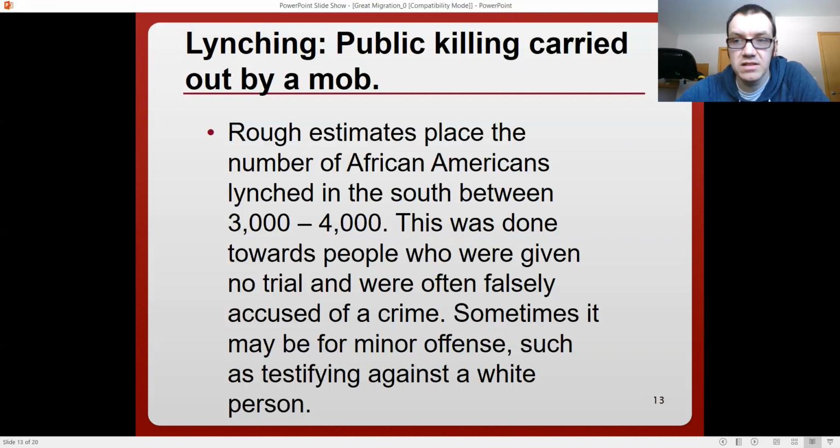And when you look at the statistics for lynchings, there's no comparison. You may have a state that has 50 white people that are lynched and hung to death, and they'll have 600 African Americans. African Americans were in danger because if they were seen as guilty by the public, a lot of times it might mean that they were killed.